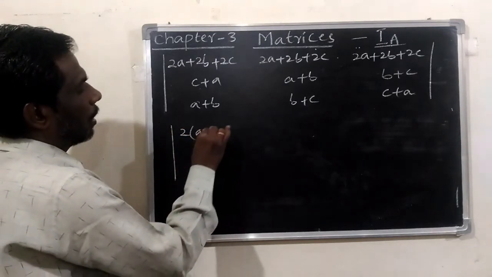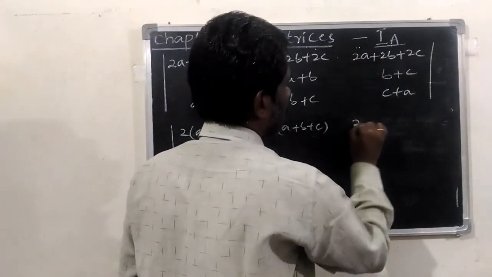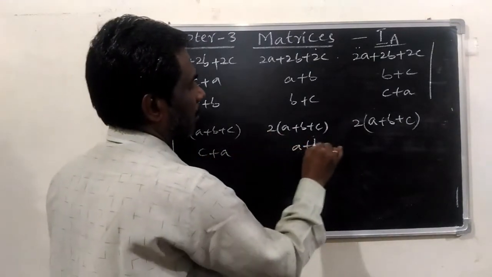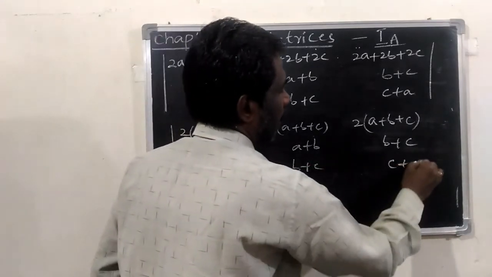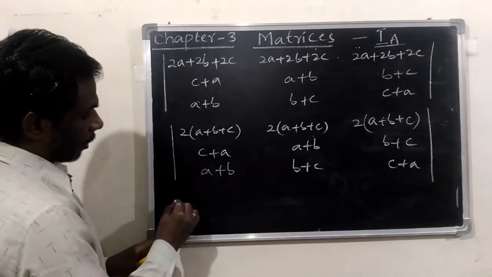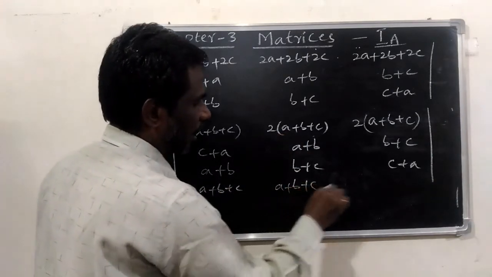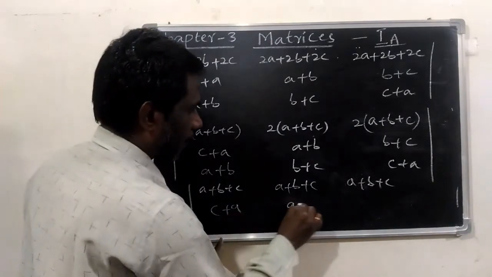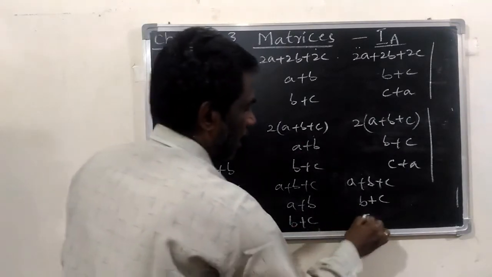The determinant of 2(a+b+c) in each place of the first row, and the remaining rows c+a, a+b, b+c and a+b, b+c, c+a. Then 2 comes out as a common factor: 2 times the determinant with a+b+c in each place of the first row, and R2 and R3 as they are.